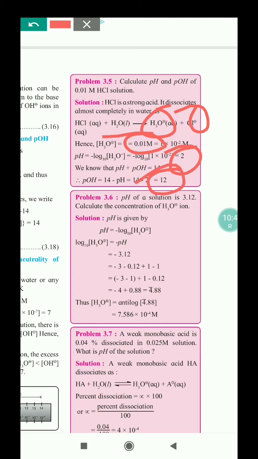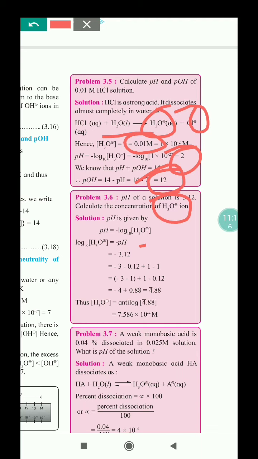Okay, now the next problem. The pH of the solution is given as 3.12. Calculate the hydronium ion concentration. Now pH is equal to minus log to the base 10 of hydronium ion concentration. So minus log of hydronium ion is equal to minus pH, that is minus 3.12.